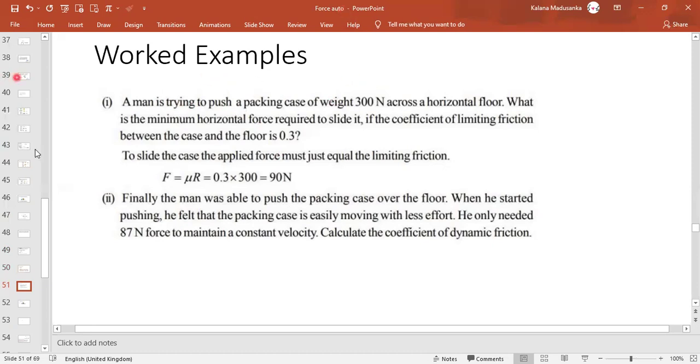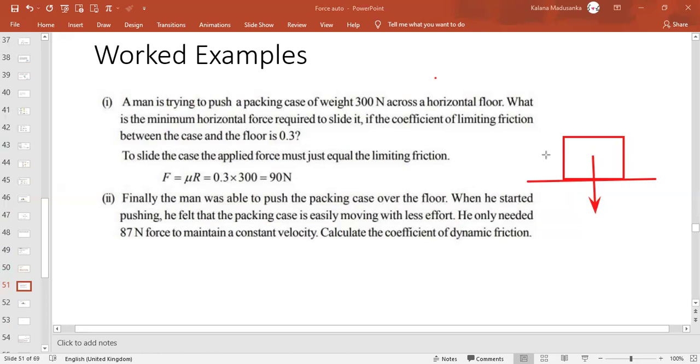Before that, in every question you can always draw a free body diagram. It's always easy. Don't use imaginary things. Just put every detail into the diagram. Okay, so weight is 300. What is the minimum horizontal force required to slide it?